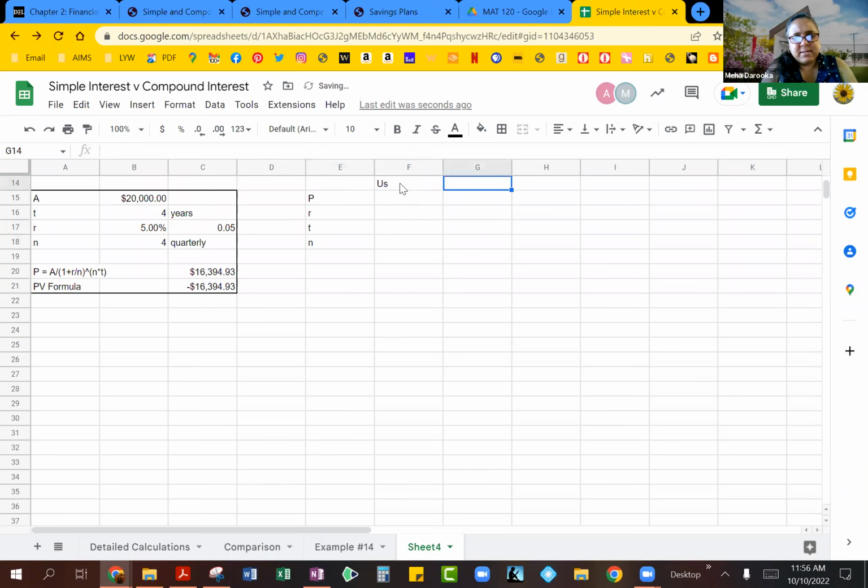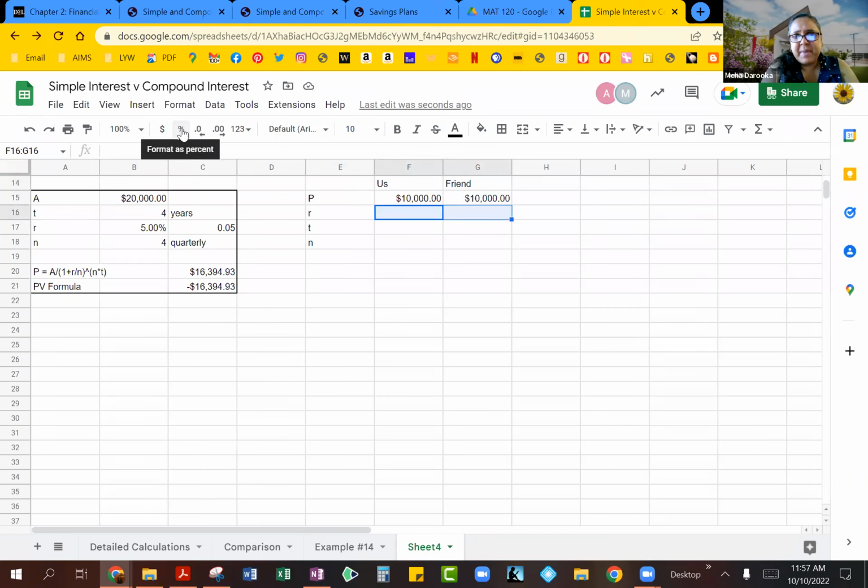So this is us, this will be the friend. Both people are depositing $10,000 into their accounts. I'm going to set both of them as a currency. Then for our rate of interest, I'm going to set both of them as a percentage.